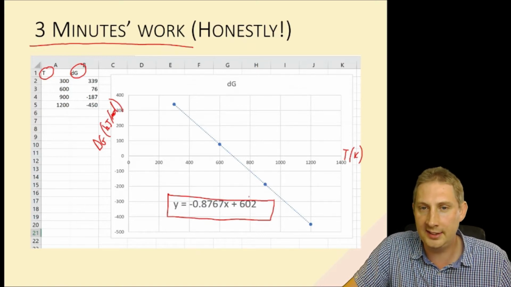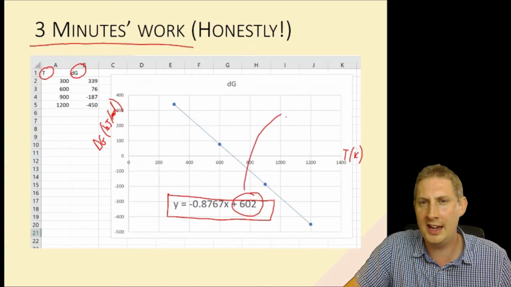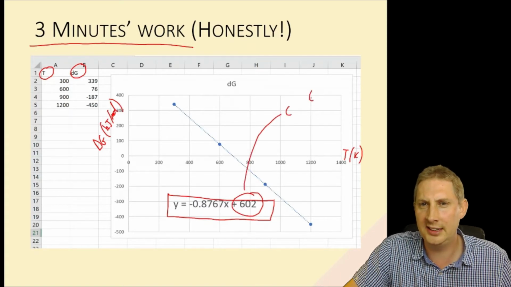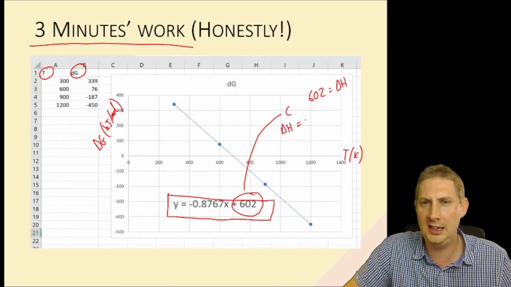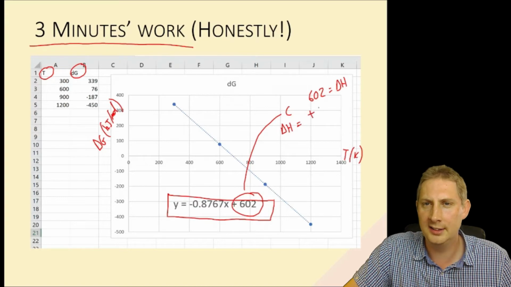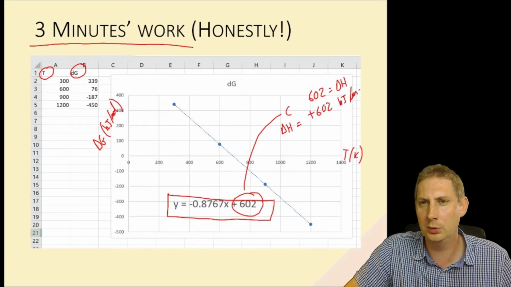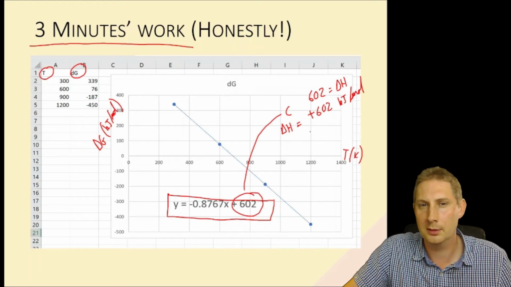Right, the intercept, we're told here, c, which is 602, and that equals delta H. So therefore, delta H equals plus 602 kilojoules per mole. In other words, this is endothermic.